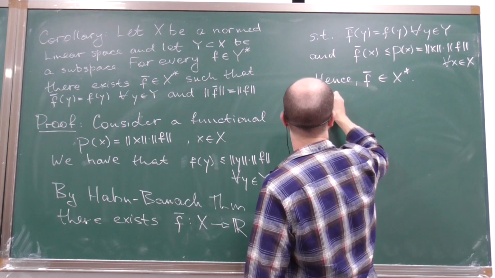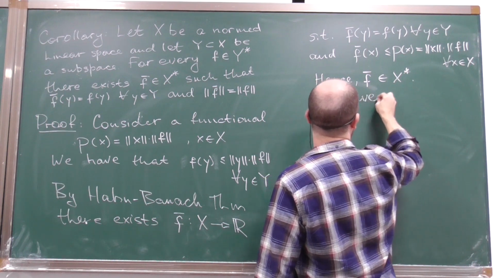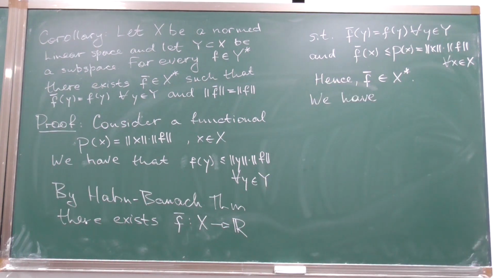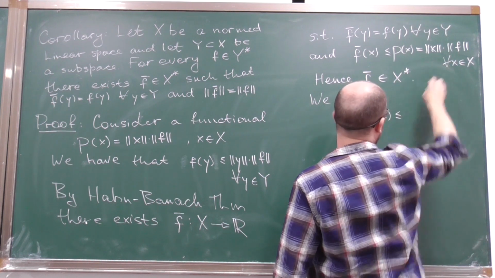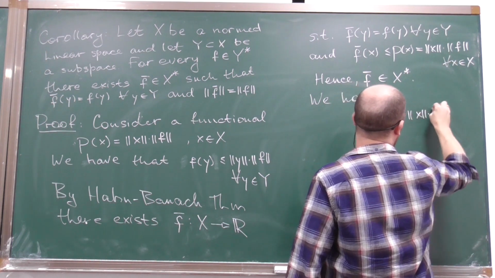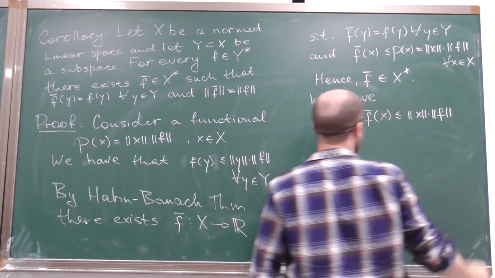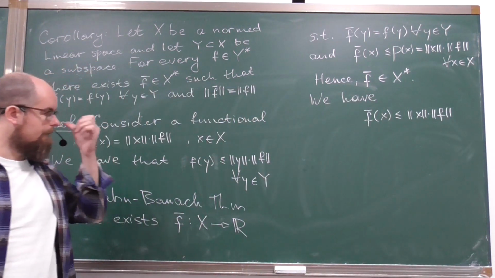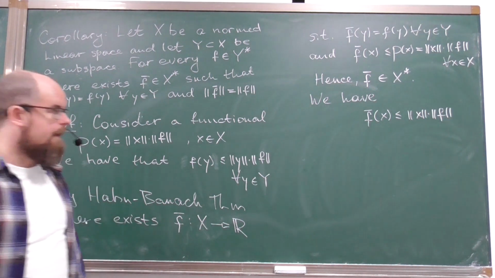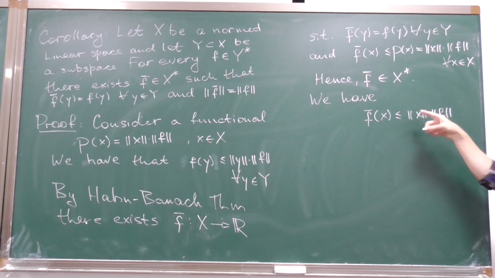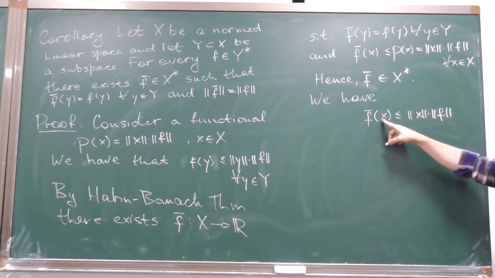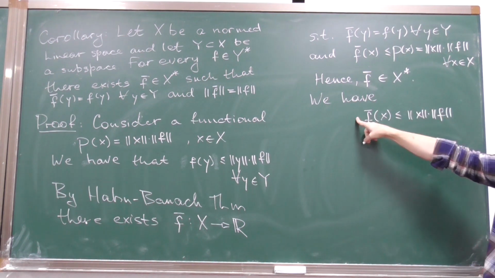We have f bar of x less than or equal to p of x, I just copied this. And also, if instead of x I write minus x, then this minus 1 can be factored out of f bar by linearity.